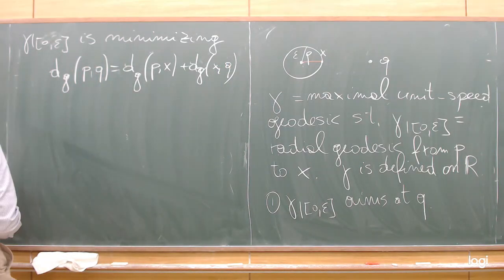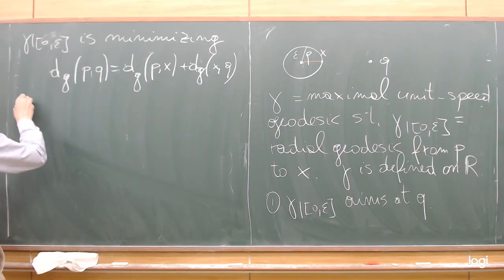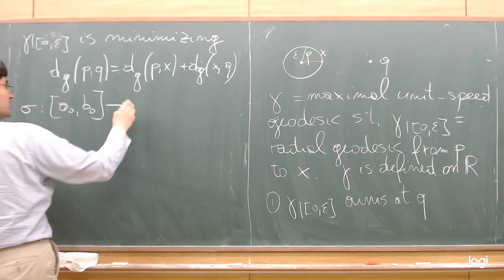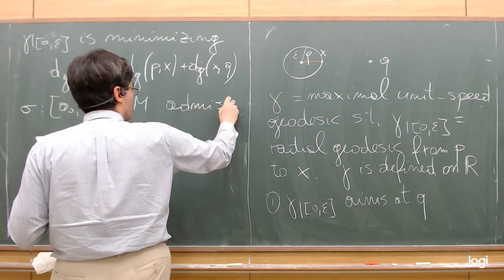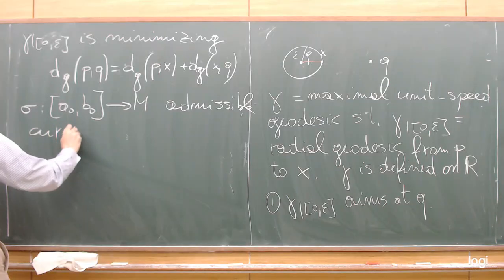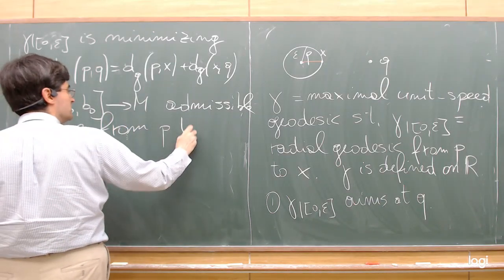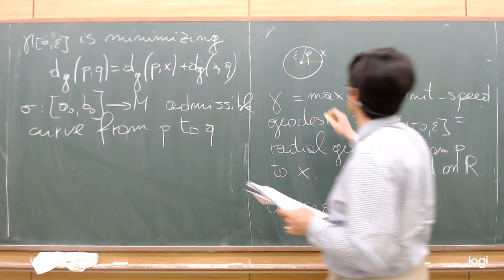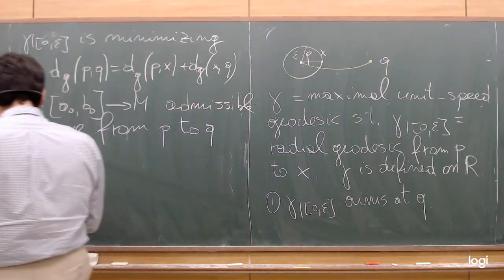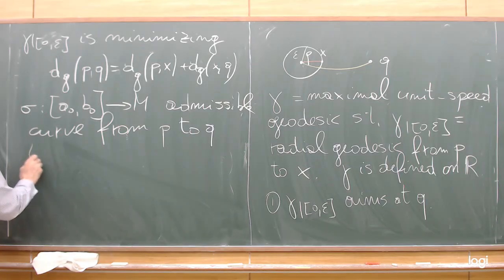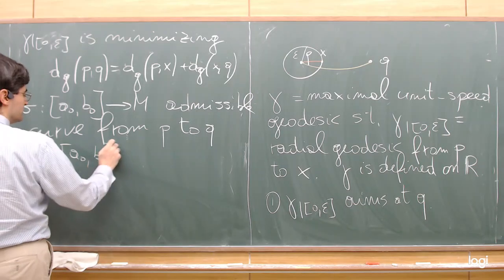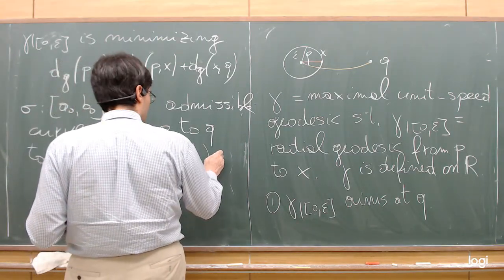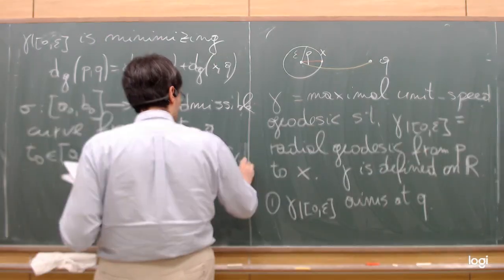In order to prove this, we consider sigma from [a0, b0] to M, and we suppose it to be an admissible curve from P to Q. Suppose that t0 is a point in [a0, b0] such that sigma(t0) belongs to S_epsilon(P) for the first time.